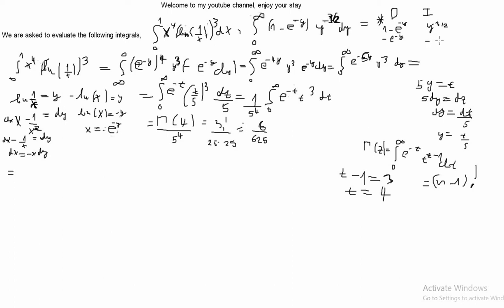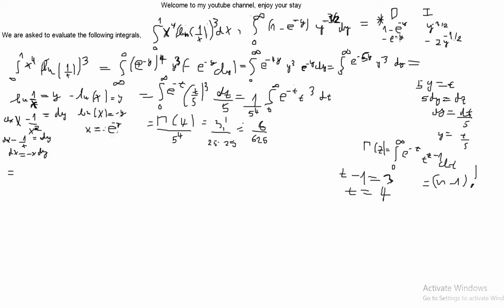So we get negative 2 y to the power of negative 1 over 2. I hope you can follow me on this one. I think it's okay. It's a basic thing. So when we do partial integration, we do this minus this. So let's see what we end with.